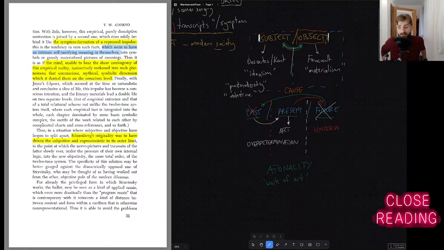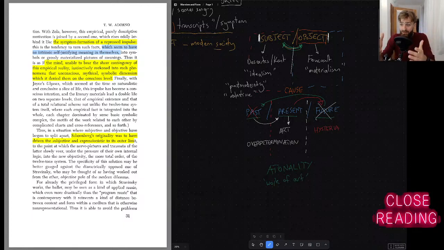The analogy given here is sometimes Borges' map, or the attempt in one of Borges' novels for a character to map the entire world in full detail. Right? And the character realizes that this is impossible because to map the world in full detail would be to reproduce the world. To produce the world again.